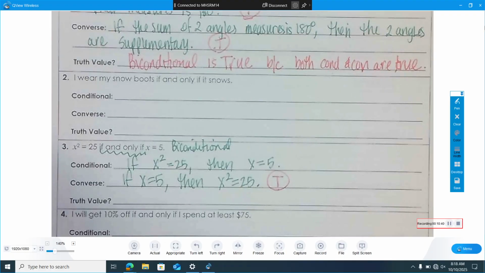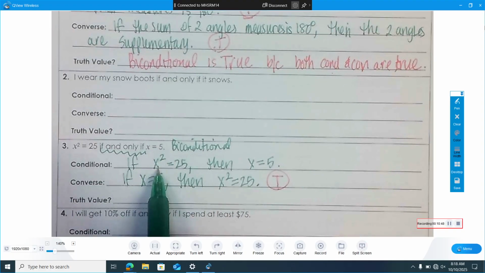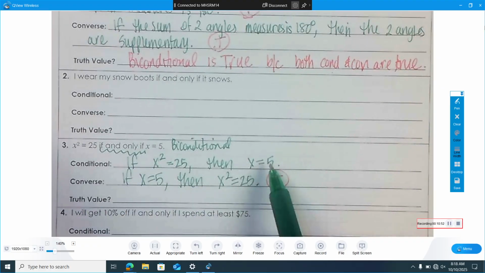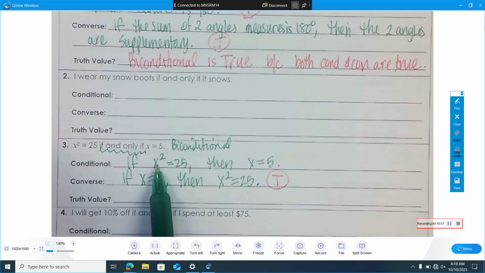But let's go back to the conditional for a second. Here's what we're starting with, that something squared equals 25. Is 5 the only thing that we can square to get 25? This is always a tough one.